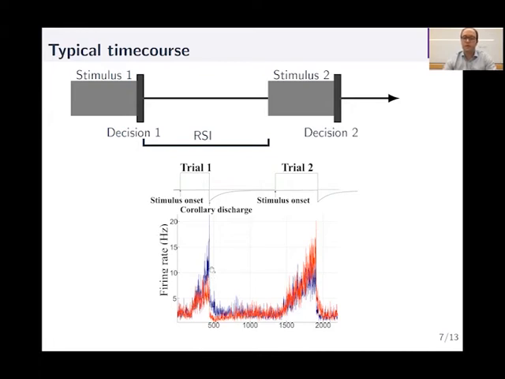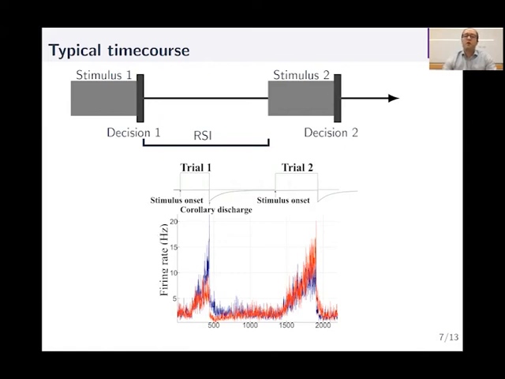And in this case, population blue won the competition. And as it won the competition, you have a relaxation of the dynamics towards the resting state. And thus, at the presentation of the second stimulus, the network is able to perform a new competition in order to perform a new decision. And in this case, the red population has won the new competition.